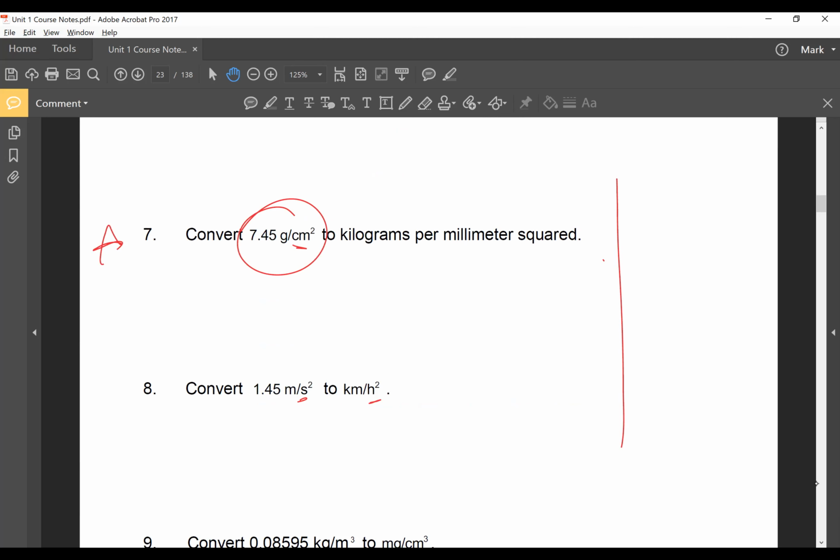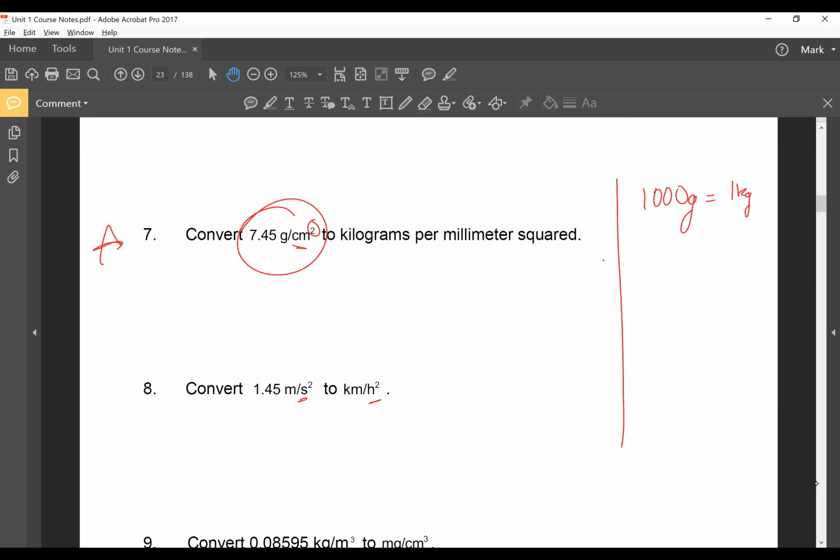I'm going from grams per centimeters squared, which is to the power of 2, to kilograms per millimeter squared. Ooh, this is interesting. This is a good one to actually finish on. So first things first, I know that there's 1,000 grams in 1 kilogram.